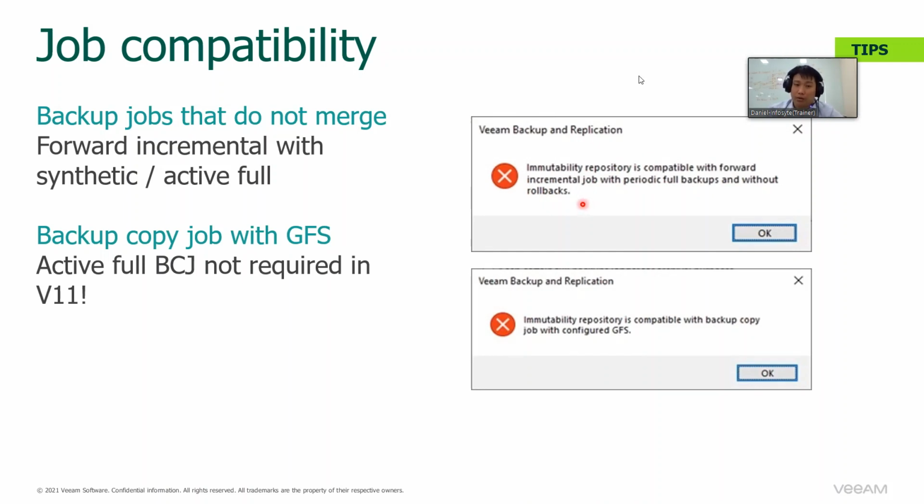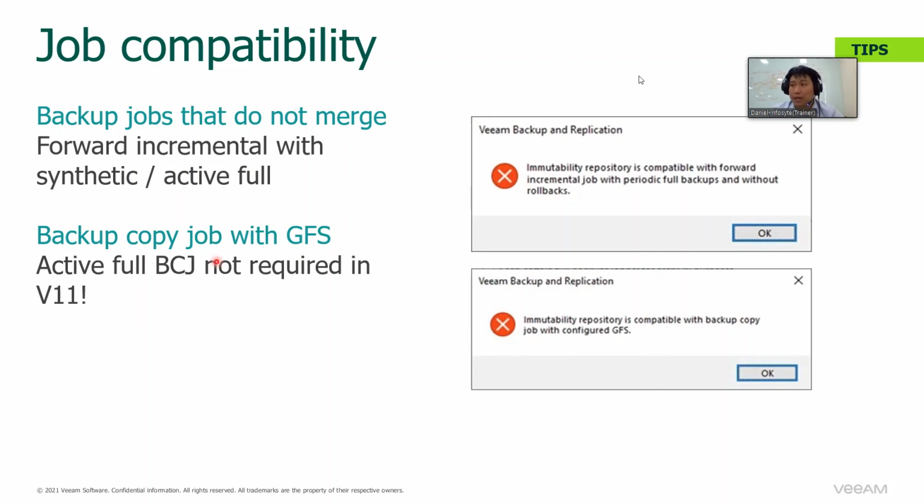Forward incremental only. Forever forward and reverse incremental will not be supported. That's why if you want flexibility, I would suggest you utilize a backup copy job with immutable storage, so that your primary job can select any options they want.